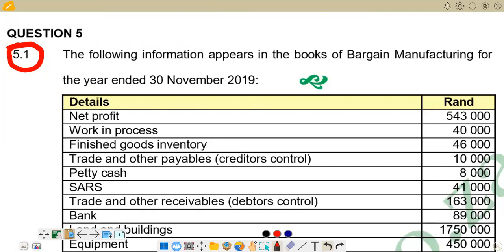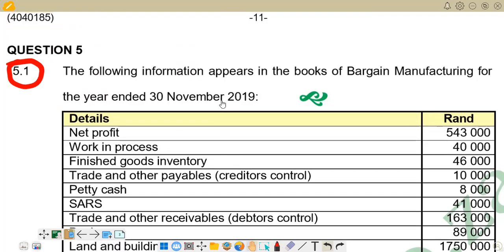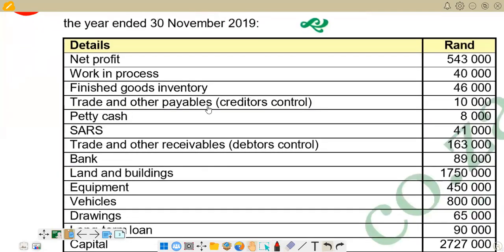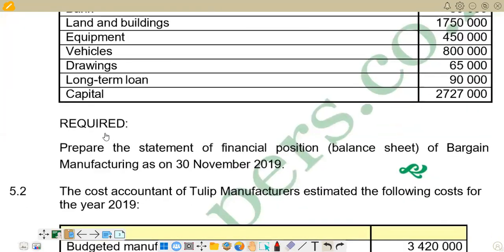The question reads: the following appears in the books of Bargain Manufacturing for the year ended 30 November 2019. We are given a list of balances, and then the required part says prepare the statement of financial position, that is the balance sheet, of Bargain Manufacturing as on 30 November 2019.